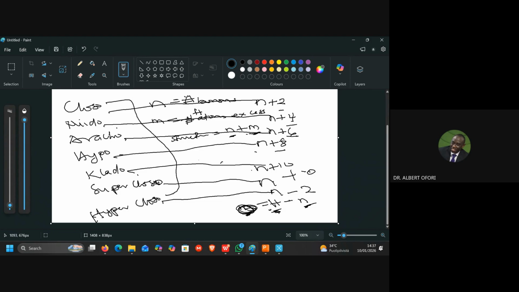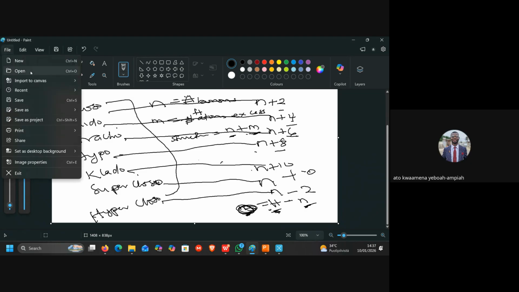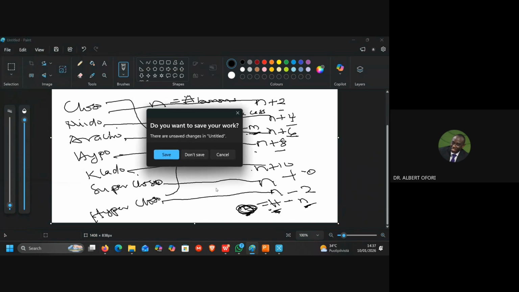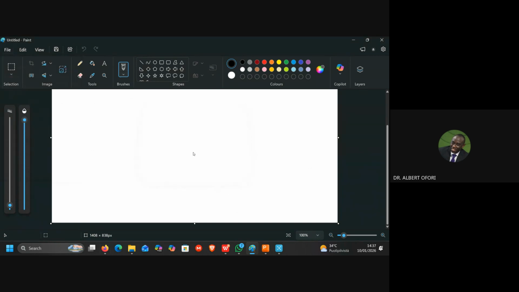Would that be remembered? So let's try one example. Maybe we try more examples for you to understand before I proceed. So, for example, let's take this borane, B7H9. Now, what's the number of borons here? N is equal to 7.